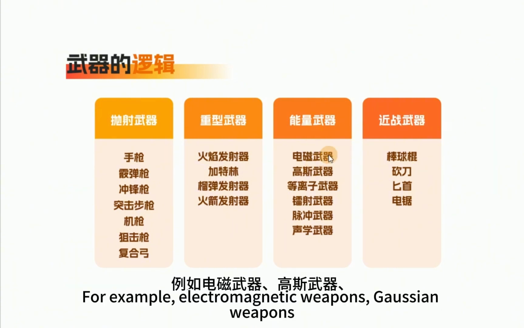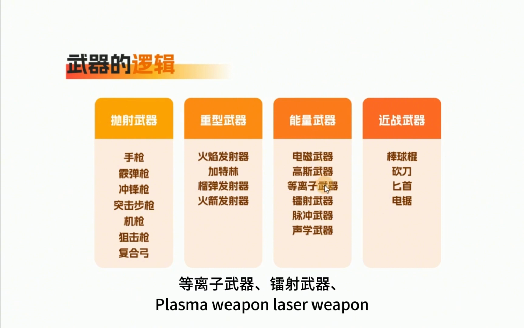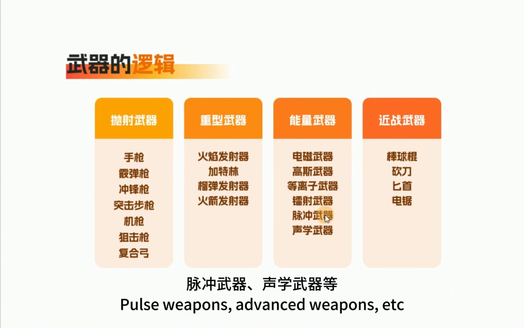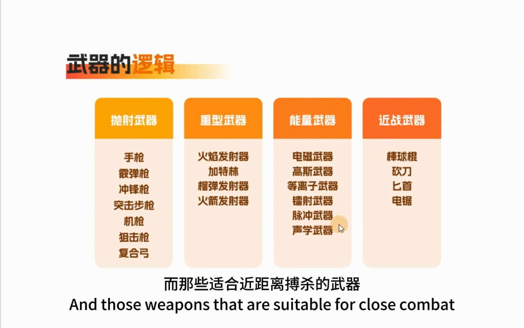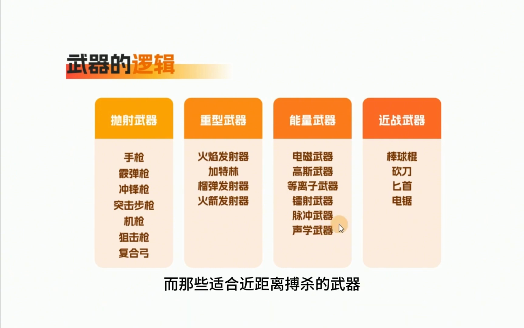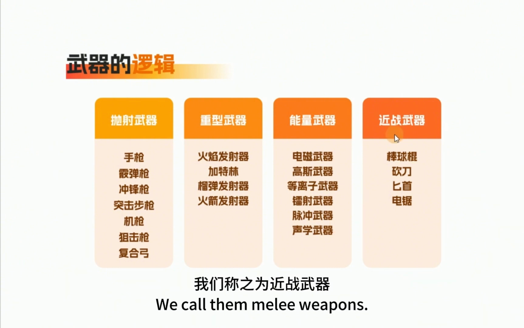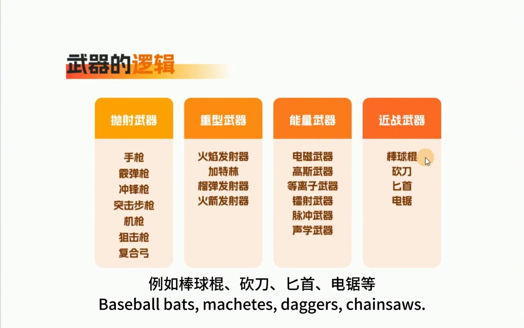For example, electromagnetic weapons, Gaussian weapons, plasma weapons, laser weapons, pulse weapons, advanced weapons, etc. And those weapons that are suitable for close combat, we call melee weapons. Baseball bats, machetes, daggers, chainsaws.